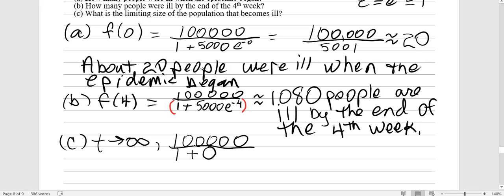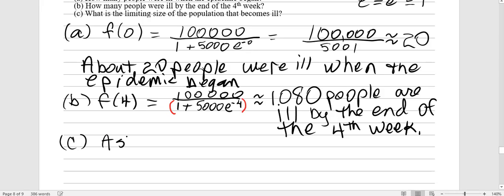So let me write this a little bit differently. As t goes to infinity, f of t goes to, so in other words, e to the minus larger and larger number is becoming very, very close to 0.